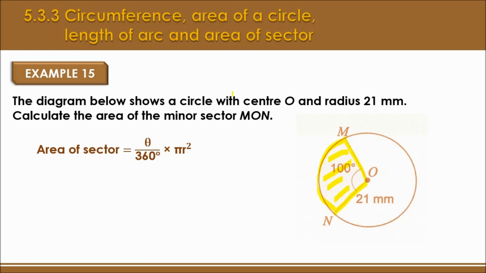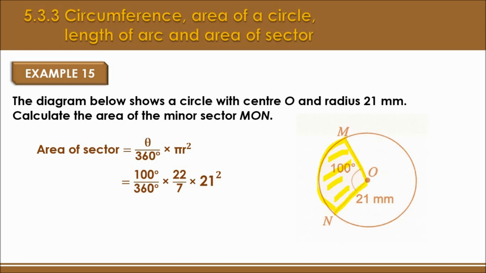Area of sector is theta over 360 times pi r squared. Theta is the angle at the center which the minor sector encloses. So you substitute the value: angle 100 degrees over 360 degrees times pi, 22 over 7, times 21 squared.